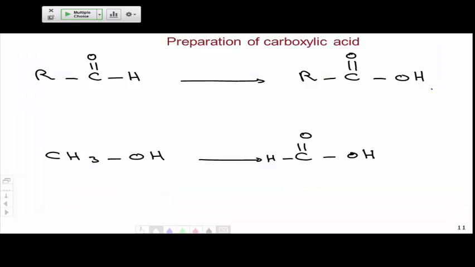Okay, here is how to prepare carboxylic acids. Both of these reactions we already talked about in chapter 19, so this is just a revision. How can I take an aldehyde to a carboxylic acid? Let's start with the easy one: how to take a primary alcohol to a carboxylic acid. KMnO4, chromium trioxide H+, or sodium dichromate H+.